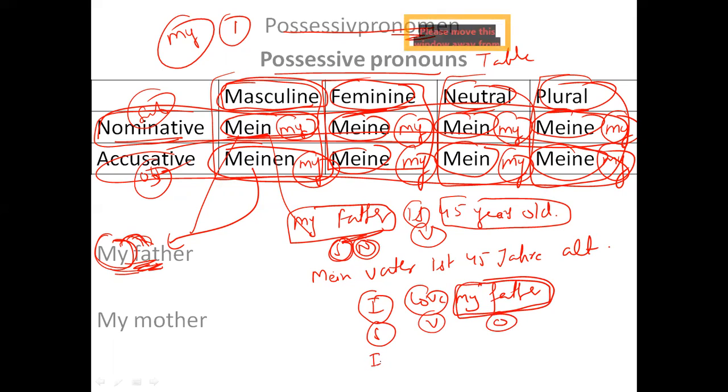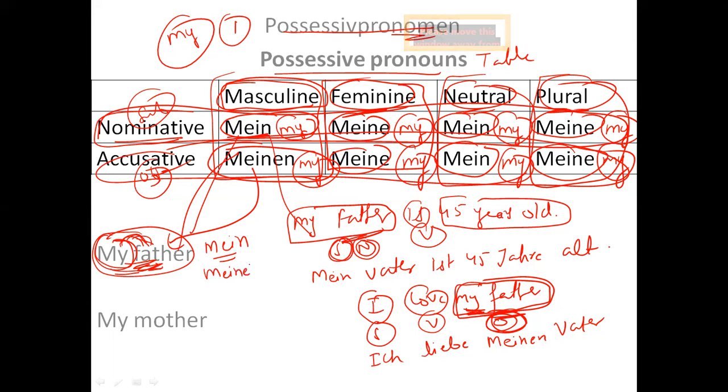So ich liebe, now here my is an object. Hence it would be meinen Vater. So what I'm trying to explain to you is my father can be mein Vater or it can be meinen Vater. That depends whether I am using it in a subject form or in an object form.